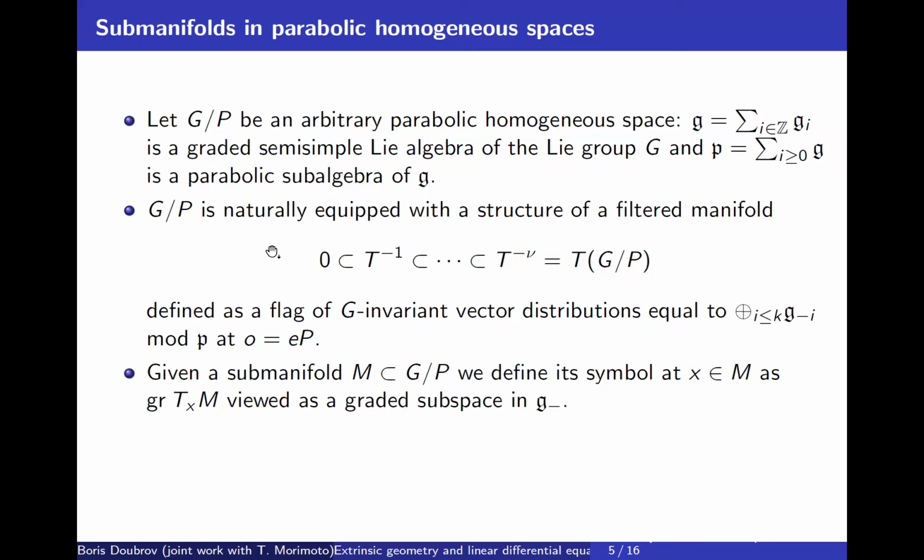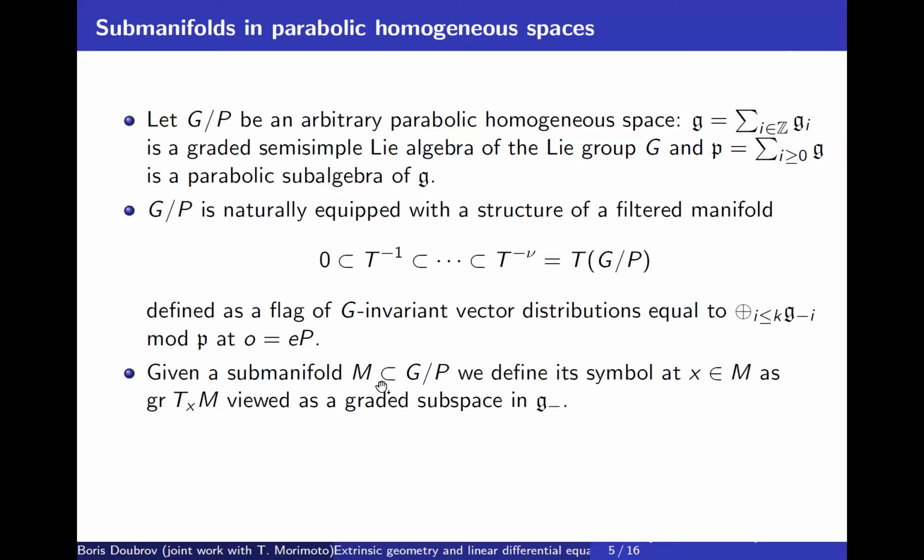So we have a filtration of the tangent space on G mod P, and then the tangent space at a point is a subspace here. So we just take the associated graded space. And it turns out that if you take the associated graded space to this initial filtration of the tangent bundle of G mod P, that will be exactly the model G minus at each point. G minus is what is left if you quotient G by P.